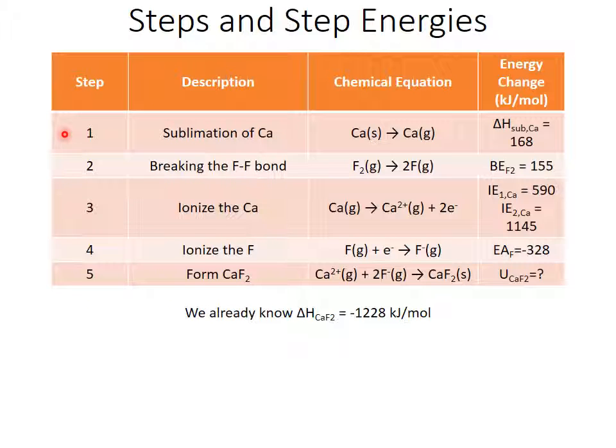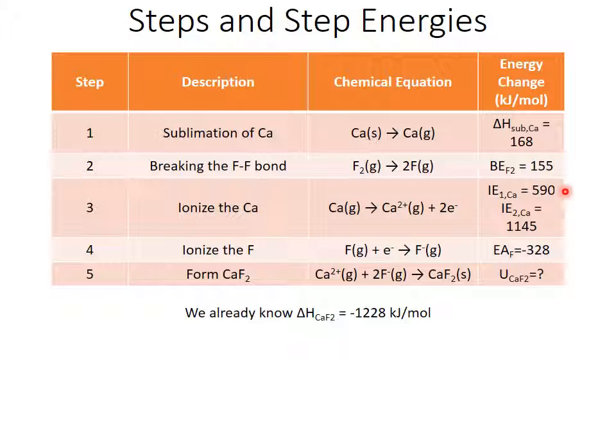In step 1, we're going to sublime the calcium, which is going to cost us 168 kilojoules per mole. In step 2, we're going to break the F-F bond of F2, and that's going to cost us 155 kilojoules per mole. In step 3, we ionize the calcium, so it's going to go from calcium to calcium 2+ plus 2 electrons.